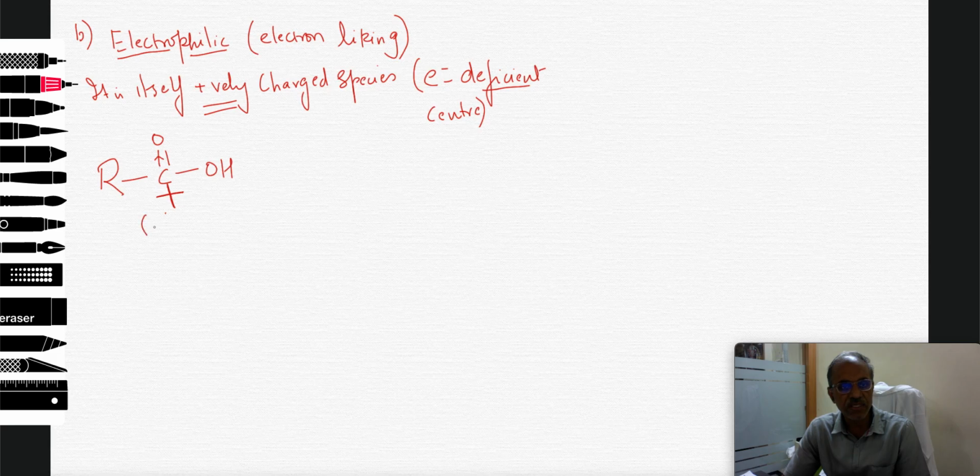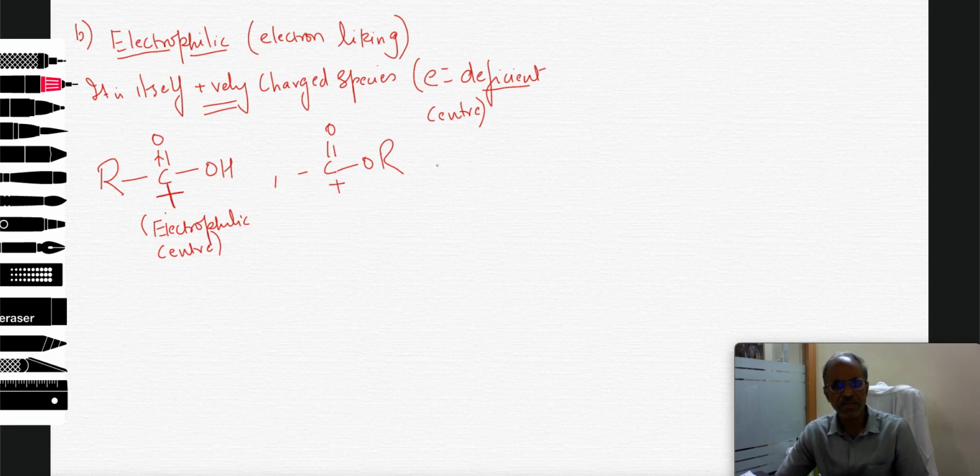So this is an electrophilic center. Similarly, an ester is one and the same thing. It is also a positively charged species, and many more. I think you have understood what is electrophilic and what is nucleophilic.